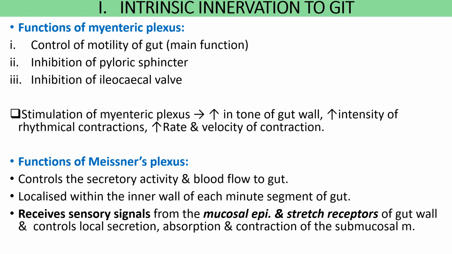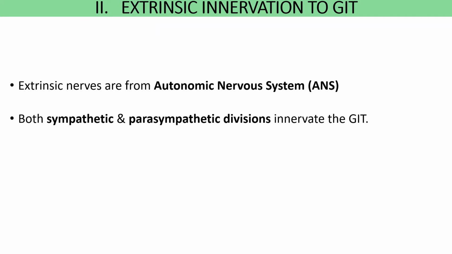Thus, the Meissner's plexus also receives sensory signals from the mucosal epithelium of the gut and the stretch receptors present on the gut wall, and it controls the secretion of local hormones and substances, absorption as well as contraction of the submucosal muscle layer.